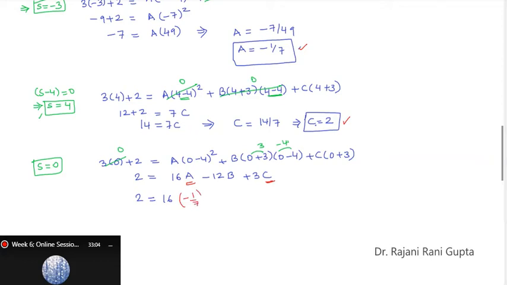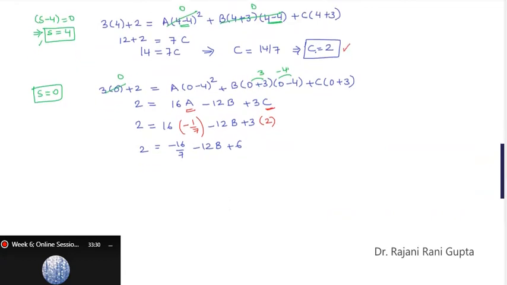Minus 1 over 7, minus 12b, plus 3, the value of c is 2. When you simplify this, what you will get? Minus 16 over 7 minus 12b plus 6 is equal to 2.